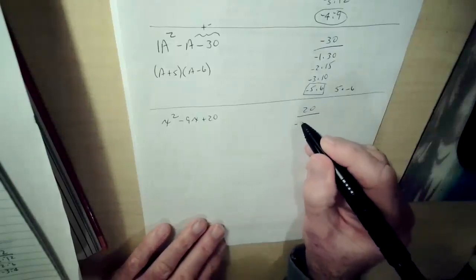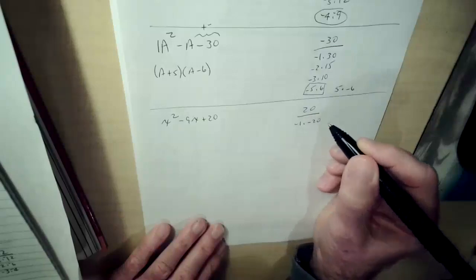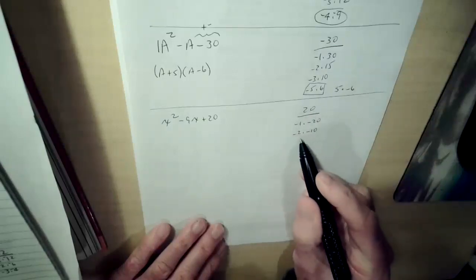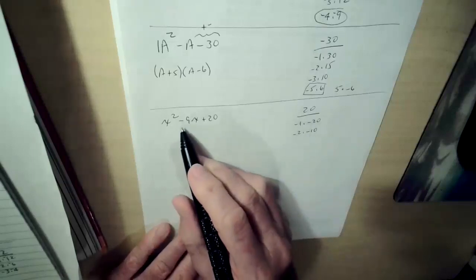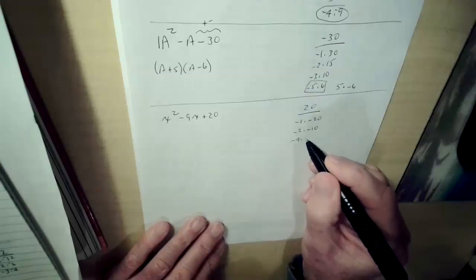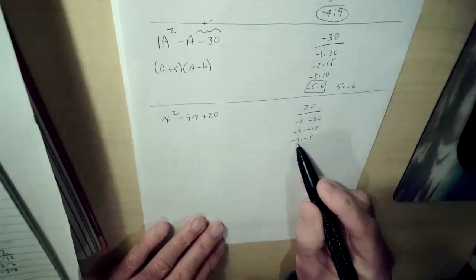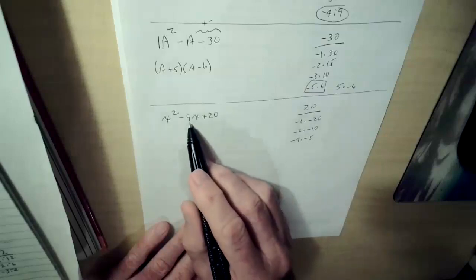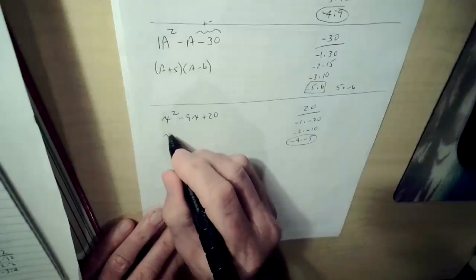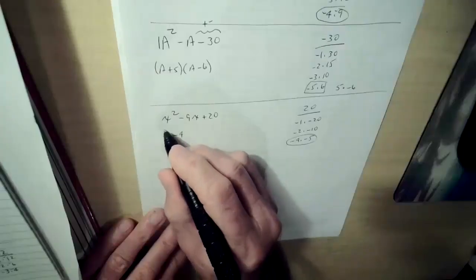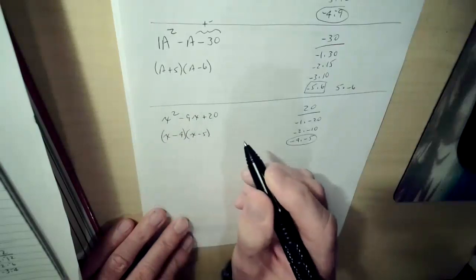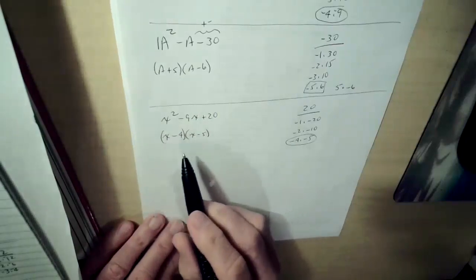So we know that this is going to be a negative times a negative. So we get 20. Negative 1 times negative 20. No. Negative 2 times negative 10. Negative 2 and negative 10 gives us negative 12. Negative 4 times negative 5. There it is, isn't it? Negative 4 and negative 5 is negative 9. These are our two factors.